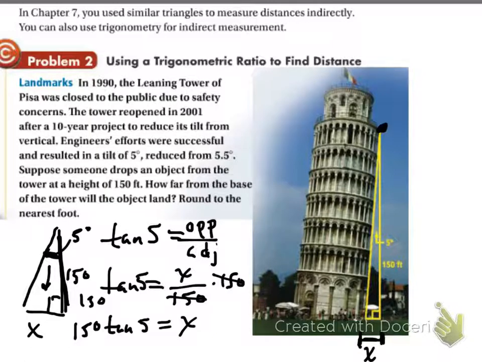Now make sure your mode is in degrees. I'll clarify how to do that in class. But x is going to be approximately 13.2, but we're rounding to the nearest foot, so x is approximately 13 feet.